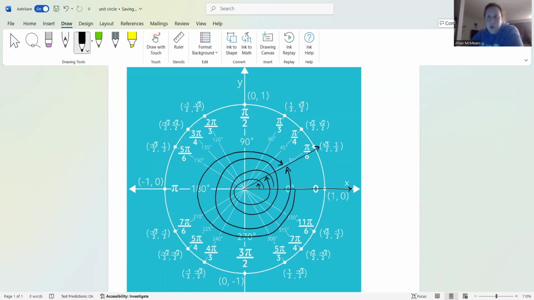So we can go around and around, revolution after revolution, and end back at this point infinitely many times. So this value for sine and cosine is going to repeat at regular intervals, at intervals of 2 pi, for example. So sine and cosine are certainly going to fit the bill. They're periodic.